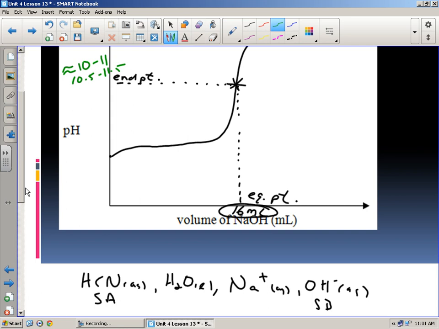What do you think? You kind of want it in the middle there, right? So probably what? Alizarin yellow R, maybe? Yeah? I think that would be a good indicator. Alizarin yellow R. Okay.